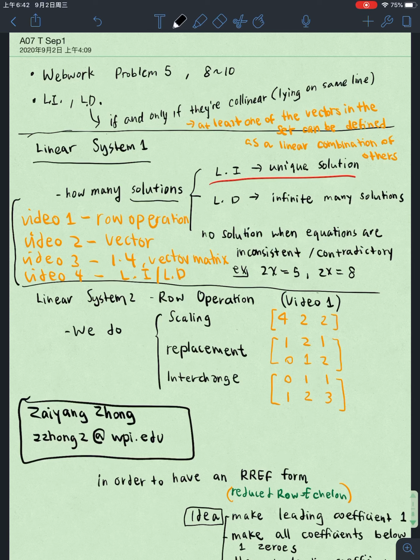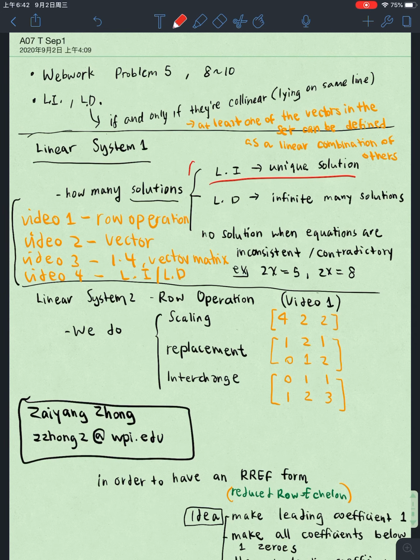In the last video he introduced the concept of linear independence and linear dependence and how to determine whether a set of equations, or a matrix, is linearly independent or dependent.